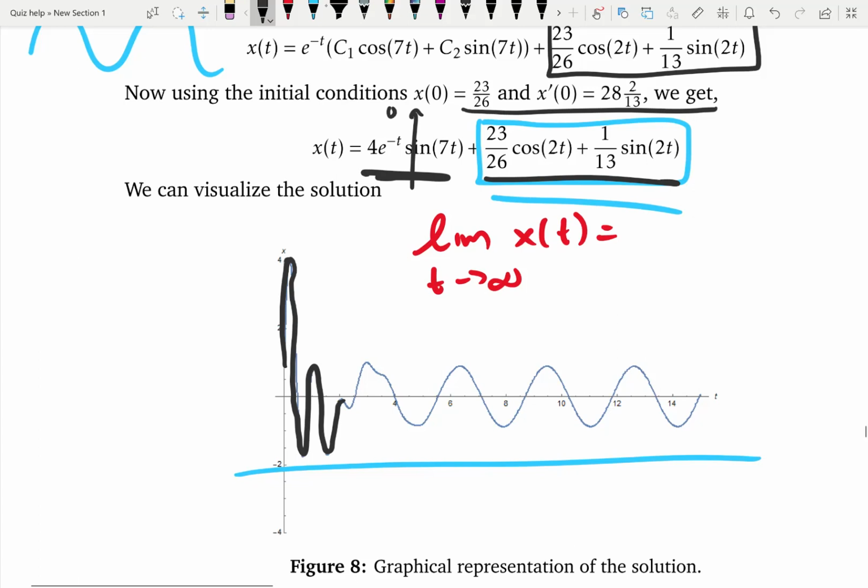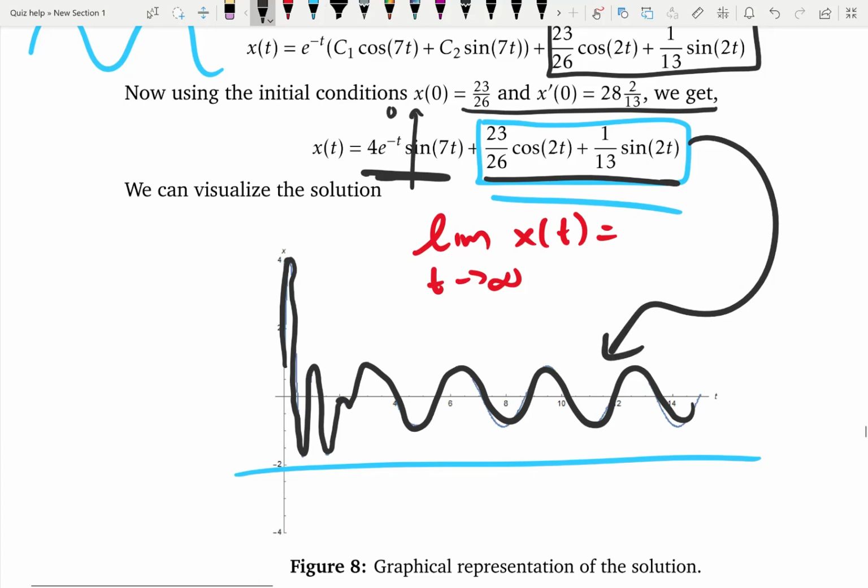So after a larger time, you can see this typical nice sine cosine behavior that exactly comes from this blue highlighted term. This is the particular solution. If you plot the particular solution, you will get exactly this part of the plot.